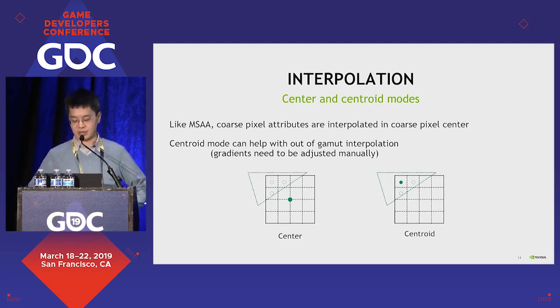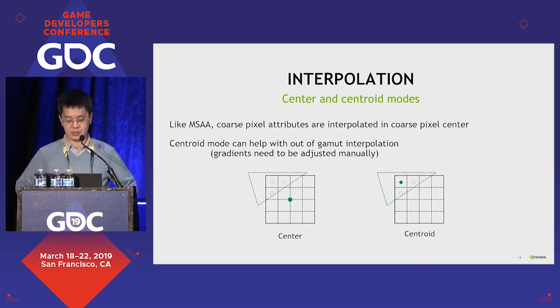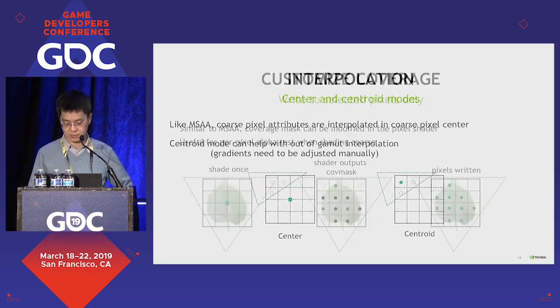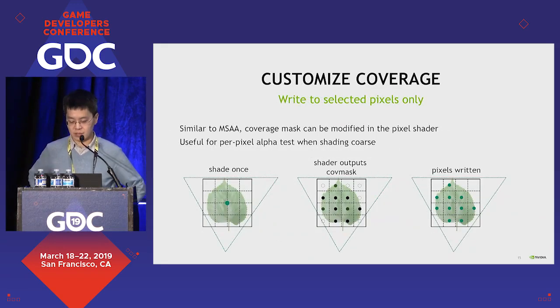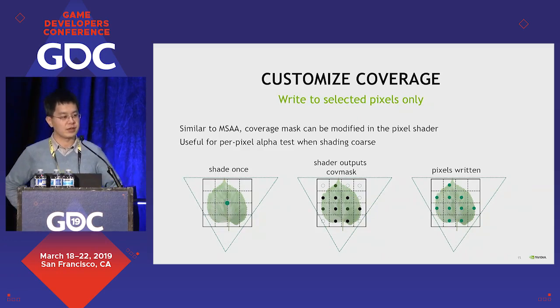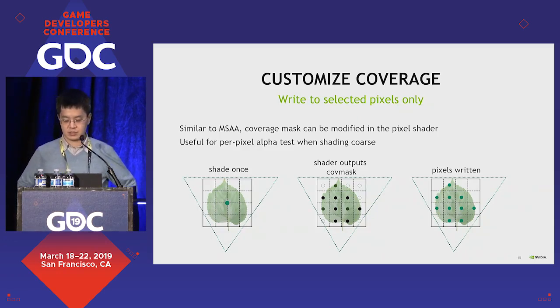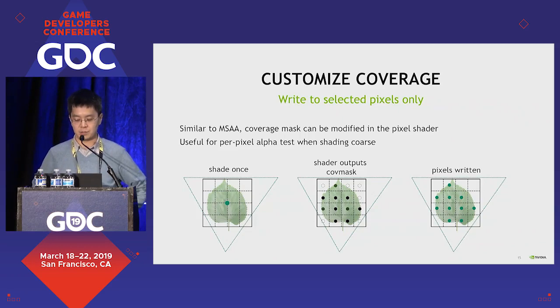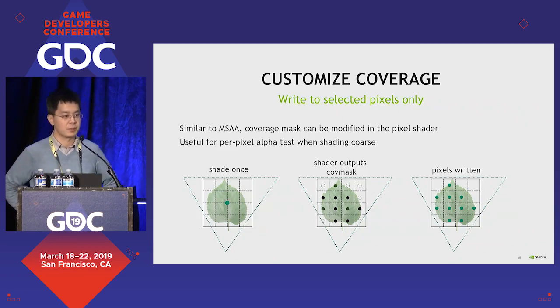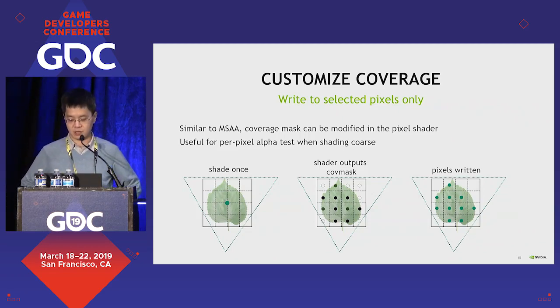Again, like MSAA, gradients are affected in the centroid mode, so you might need to adjust it manually if you're doing something like a mipmap texture fetch. Also, similar to MSAA, the coverage mask can be modified in the pixel shader. This is useful when you're shading coarse, but you would like to do alpha tests per pixel in the shader so that your alpha tested geometry won't look blocky when it's shaded in coarse mode.